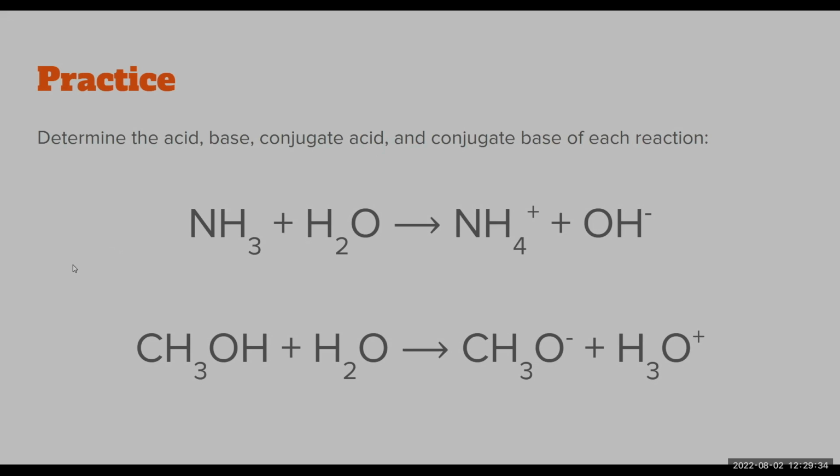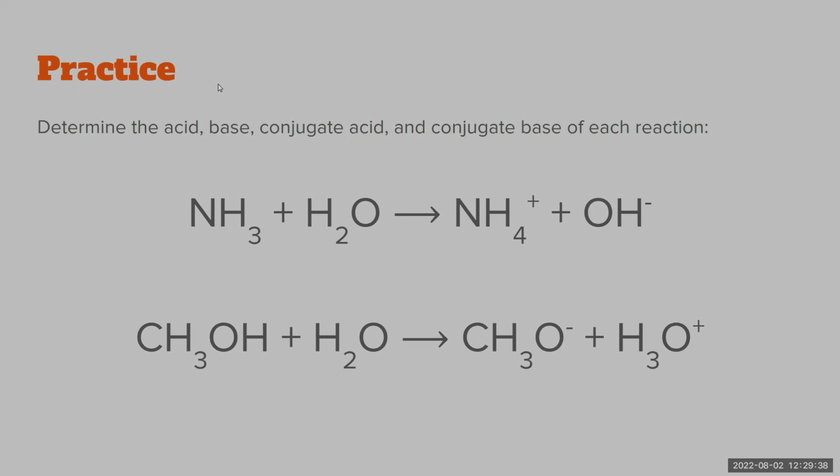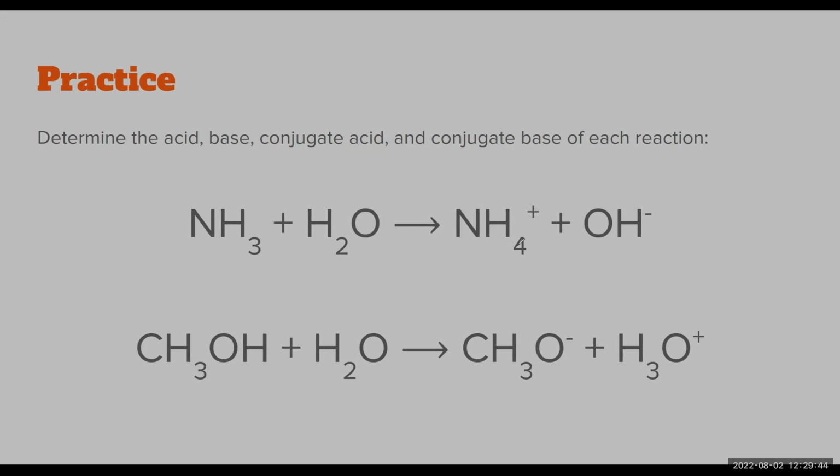So going over this first reaction, we have NH3 plus H2O gives us NH4+ and OH-. What I like to do to determine what is the acid and what is the base is compare the reactant with the product, and then you basically want to see what changed.